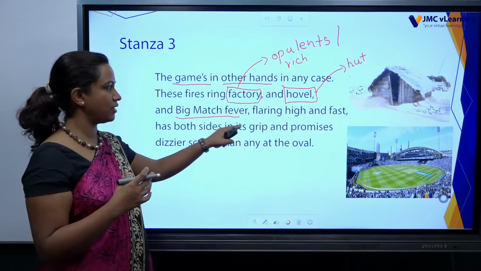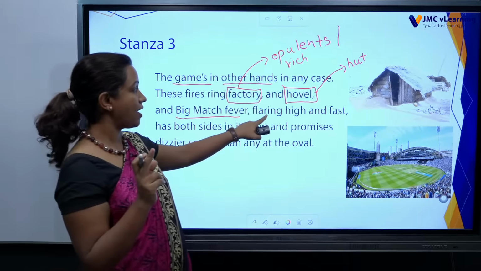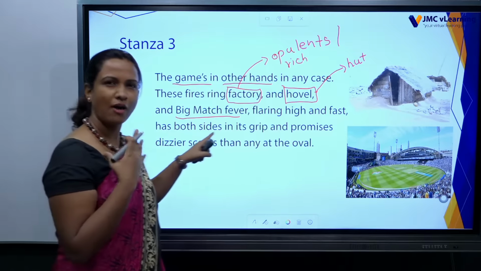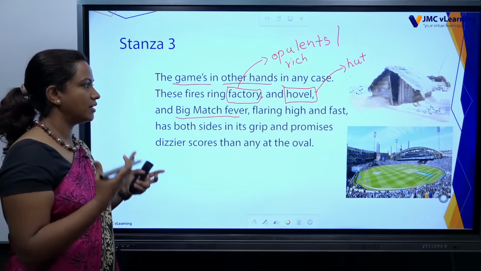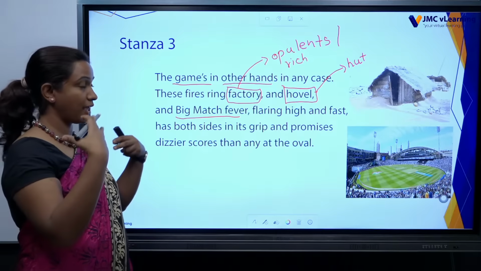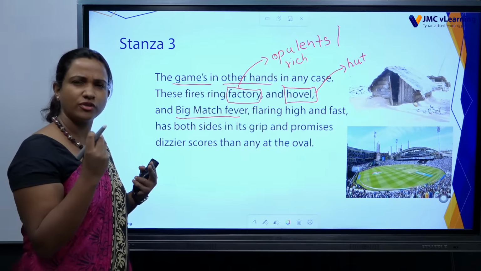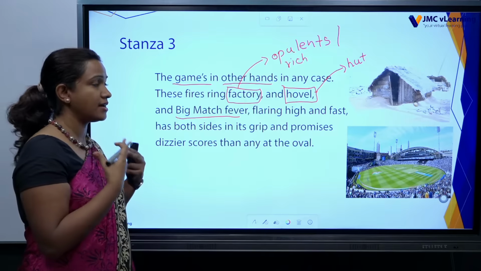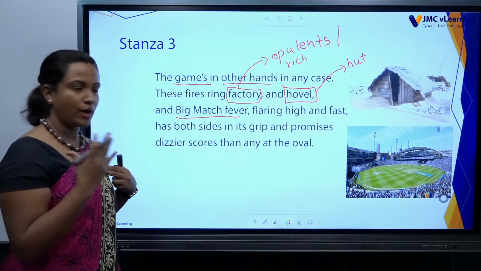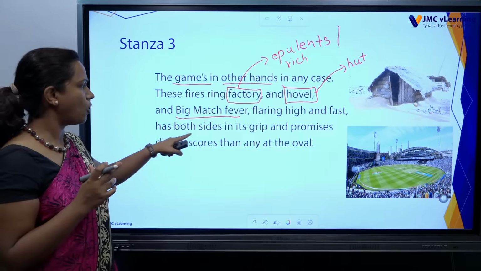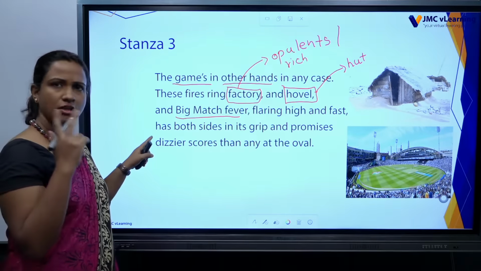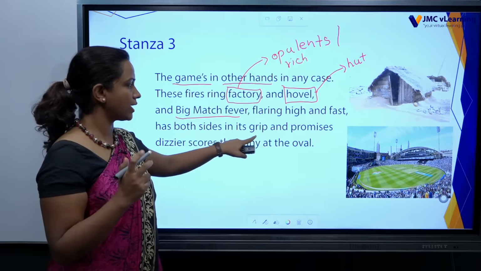The big match fever is flaring high and fast. When you have a big match fever, the flame is flaring high and fast. It is increasing more. Your hatred and ideas are increasing rapidly.